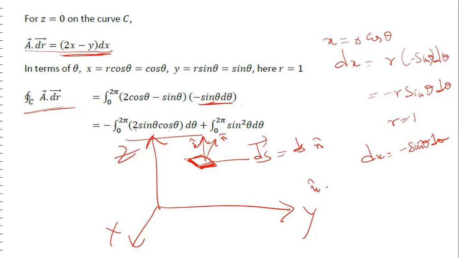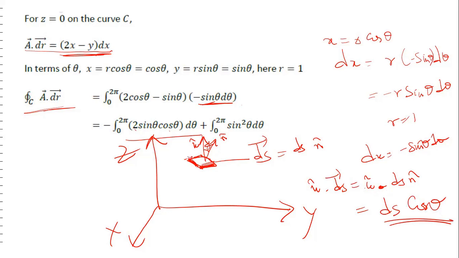So if you take a dot product here, k cap with the ds vector, this will be k cap dot ds n cap, and if the angle between them is theta, k cap dot n cap, the magnitude of both of these vectors being 1, will result in cos theta. So it will result in ds cos theta. So what is ds cos theta?